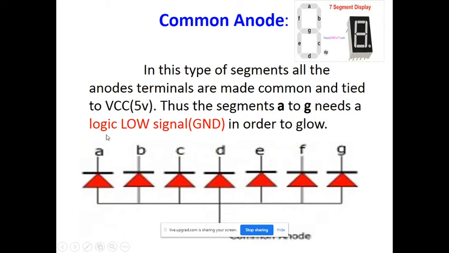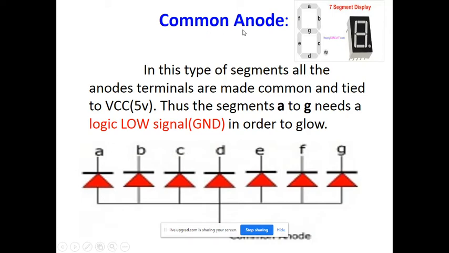Suppose through the controller you provide 1 to this A terminal. That time this is 1 and the other end is also 1, so current will not flow through the LED and the LED remains off, because both are equipotential. When the controller sends 0, this A terminal is 0 and the other end is VCC, so current will move from VCC to ground, and the LED turns on.